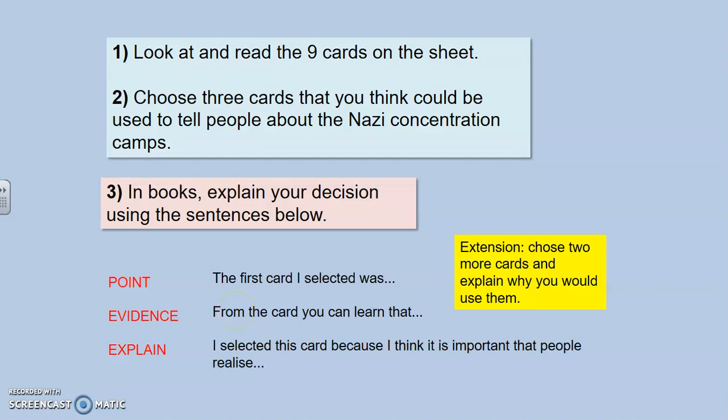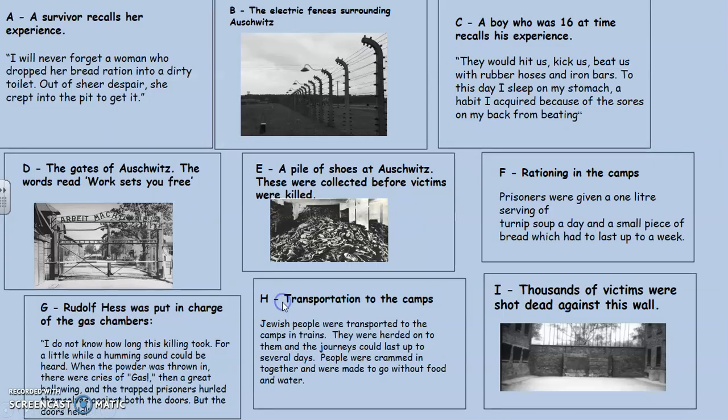Okay, now you've written down the sentence starters, have a look now at the cards. So you can see here we've got 9 different cards. We can see information from a survivor, images of the electric fence at Auschwitz, the experience of a boy who was at the gates of Auschwitz.